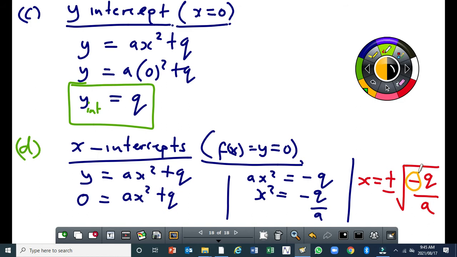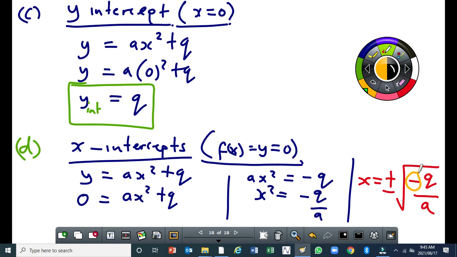Right, so y-intercept, x-intercept. If you want to find the x-intercept and you don't want to use the quadratic formula and all that, you can just memorize this equation. So that if you are given a general equation of a quadratic function, you identify your q, you identify your value of a, you just plug them in there, then you get your two answers.